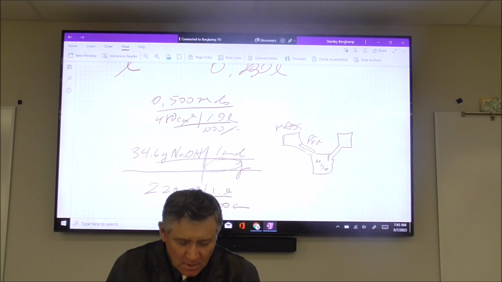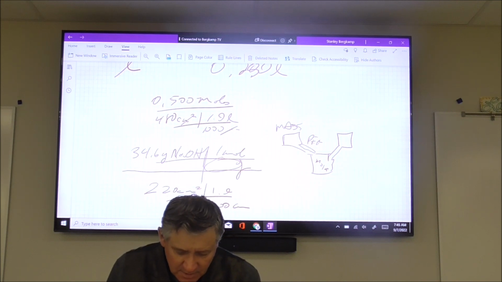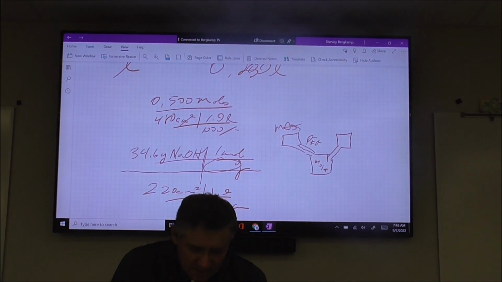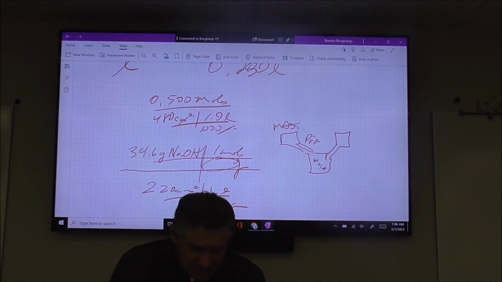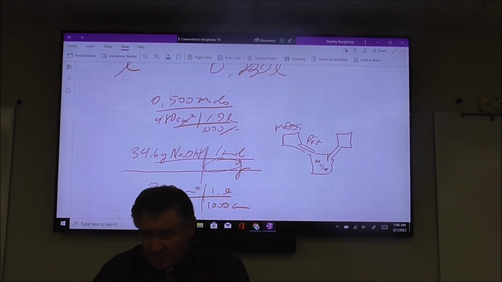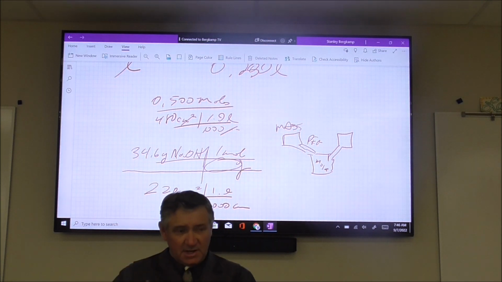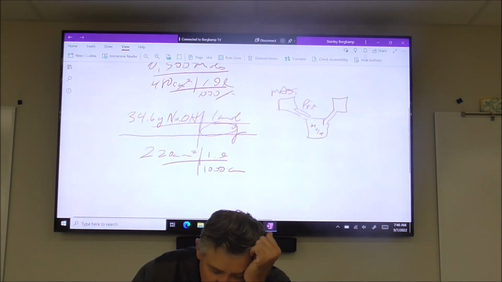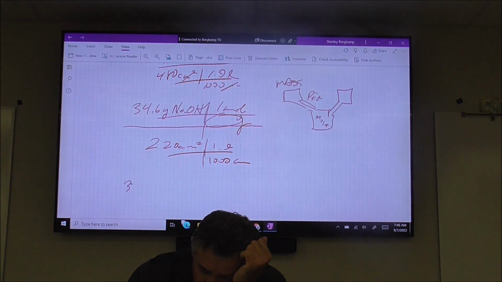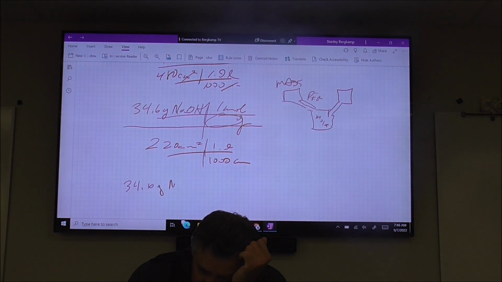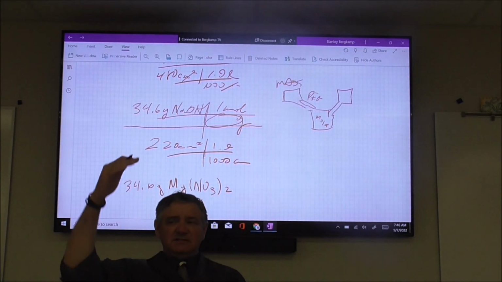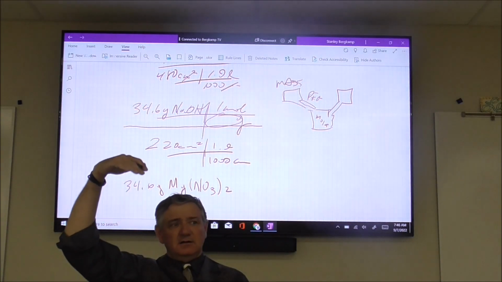Now, when you get to number 4, okay? So 4 is the same process. What's a little bit more complicated on number 4 is I made these kind of progressively more complicated, okay? So you got 34.6 grams of magnesium nitrate. So notice on this one, I had the exact same mass.